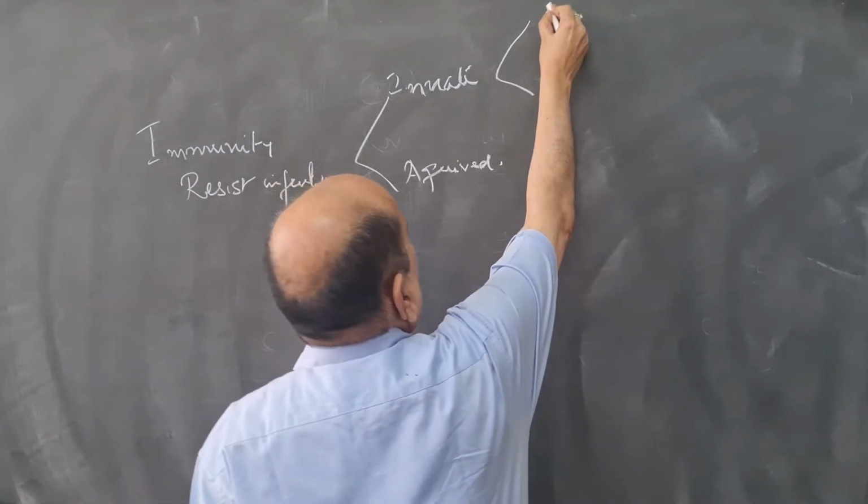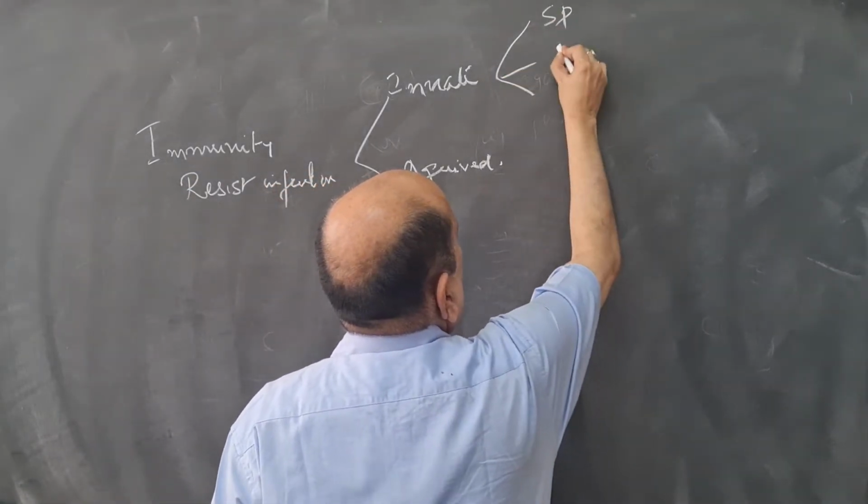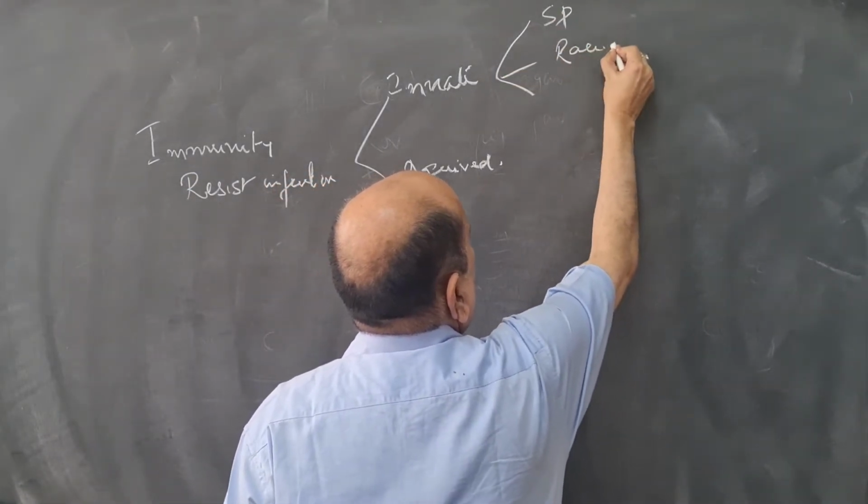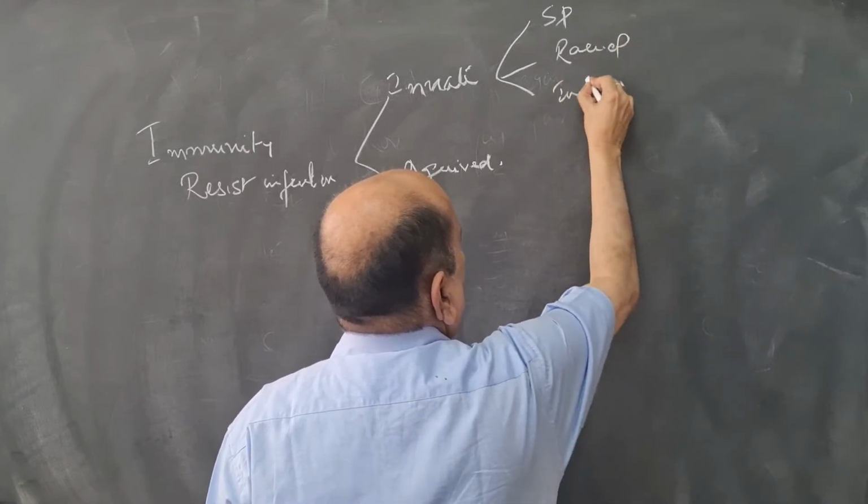Innate is further classified into species, racial, and individual.